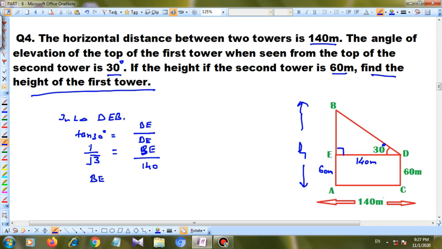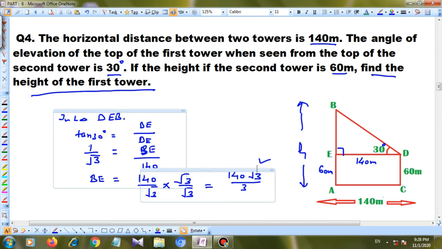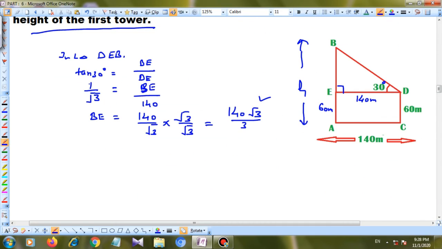So the value of BE will become 140 upon root 3. Rationalize 140 upon root 3. So multiply by root 3 and divide by root 3. Then you will get 140 root 3 upon 3. So BE is this. Now we have to find AB, which means h. So h will become BE plus 60 meter, right?